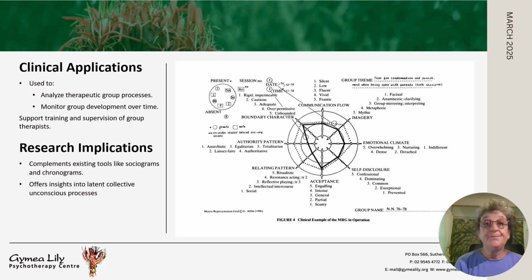So, basically, for the matrix representational grid, obviously you have to have a go at it yourself, but it can really be used to analyze your therapeutic group process. You can monitor group development over time. And I feel it can really support our trainees or supervision groups or supervision group therapists.